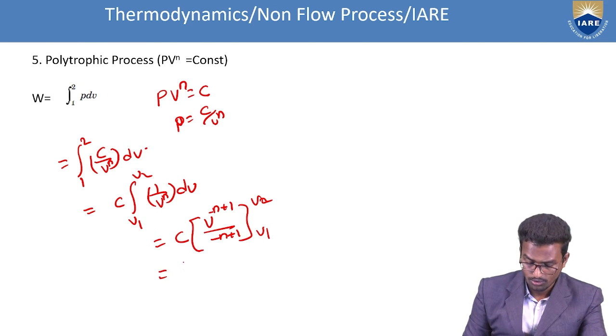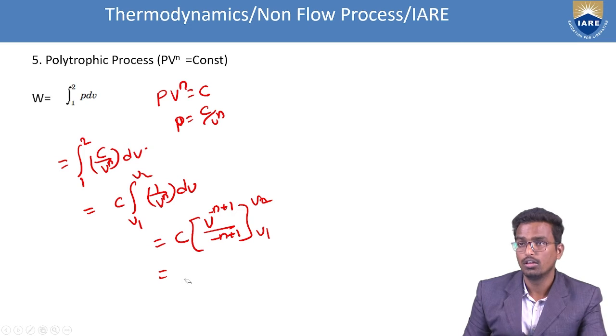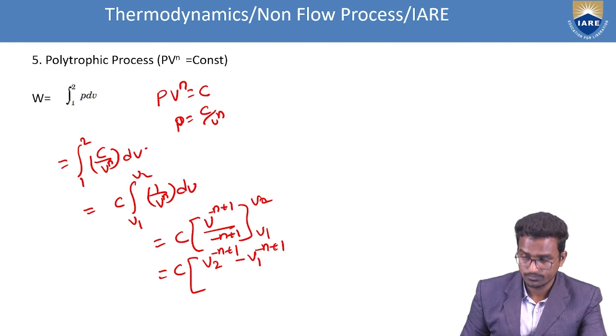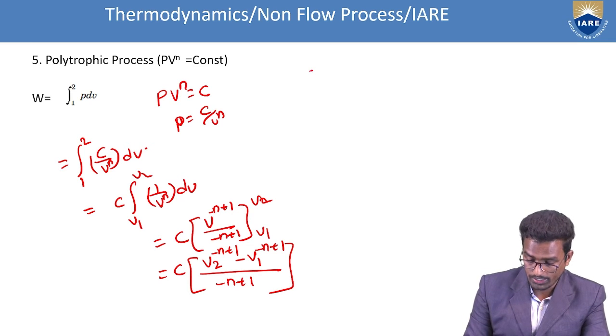So you substitute the values of P, that means PV^n is C, and apply the limits here. That is V2^(-n+1) minus V1^(-n+1), divided by (-n+1). You can also write it this way. What do you get?